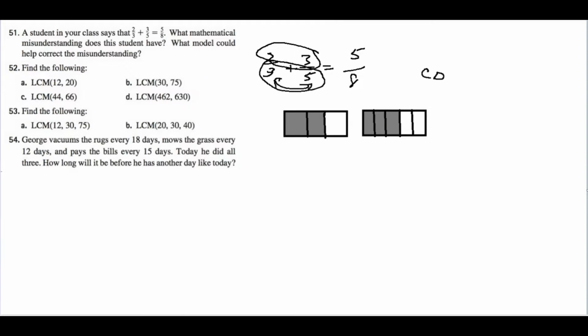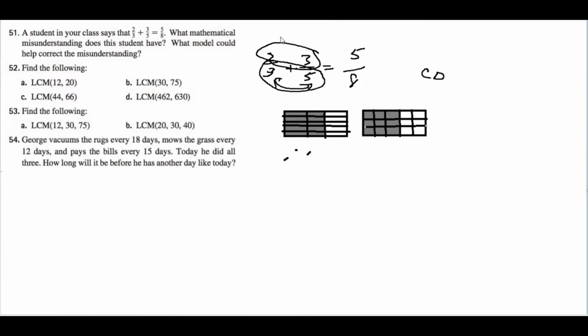You could look at 15, so you could divide this into 5 equal parts, and then this into 3 equal parts, and look at what you have in order to solve. And so that type of thing might help them understand it.